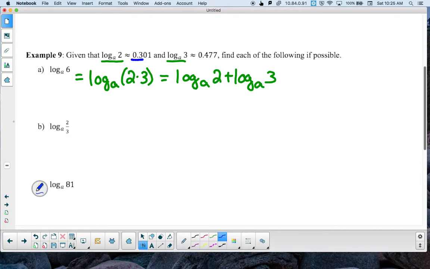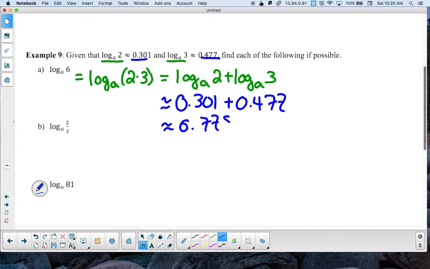And then we have these numbers for log base a of 2 and log base a of 3. So this would be 0.301 plus 0.477. And so then we would just add these together. So that way we would get that this is approximately 0.778.